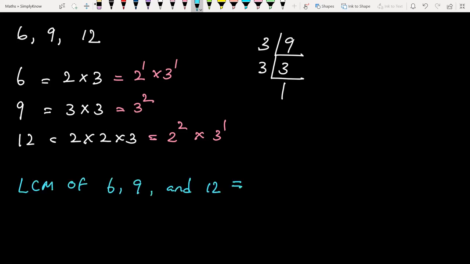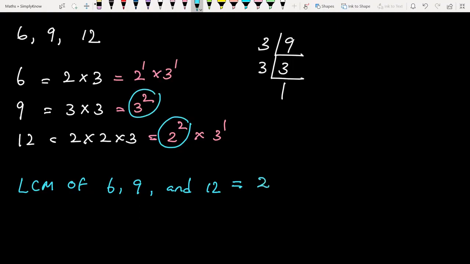Let's get the product of the greatest powers of each prime factor. We have 2 and 3 as prime factors, and the greatest power of 2 is 2 to the power 2. Greatest power of 3 is 3 to the power 2.